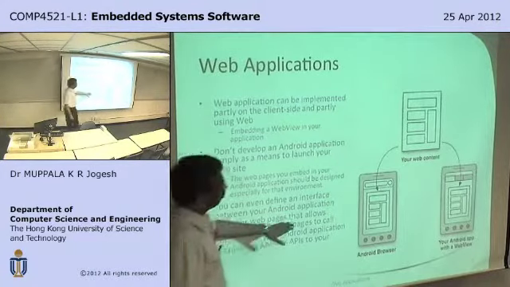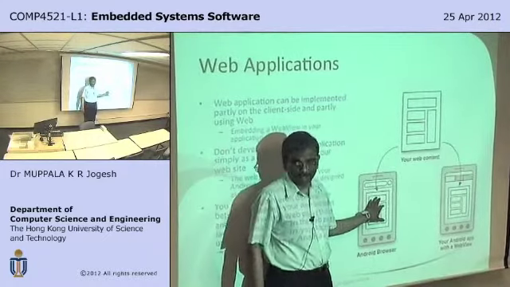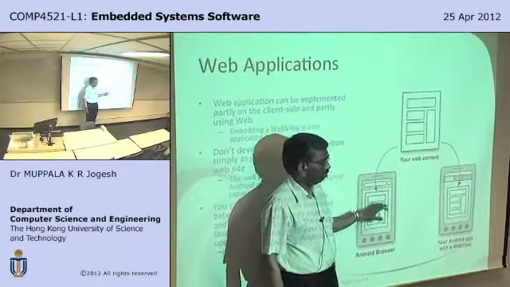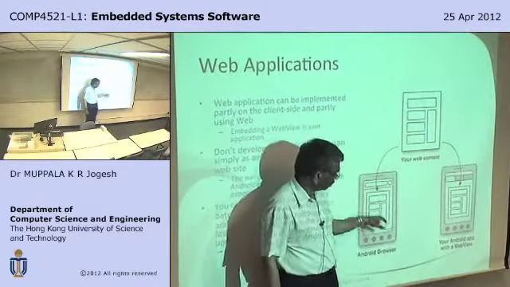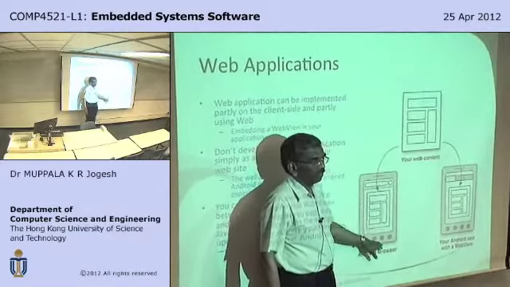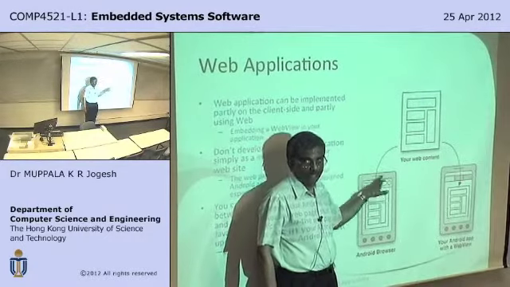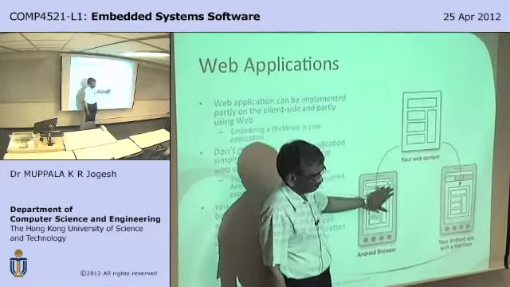Now, if you do this approach, obviously you're making use of the default browser that is part of your Android device. When you use the default browser that is part of your Android device, obviously the default browser comes with its own two toolbars on top and things like that, and they will occupy some amount of space on the screen.